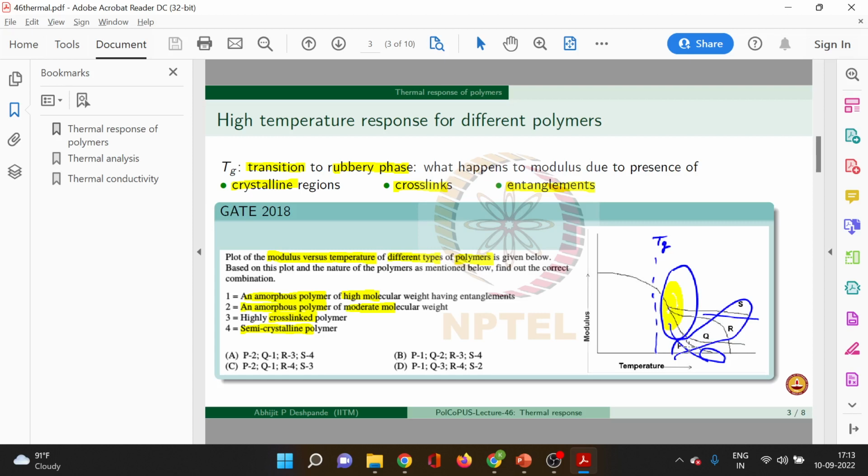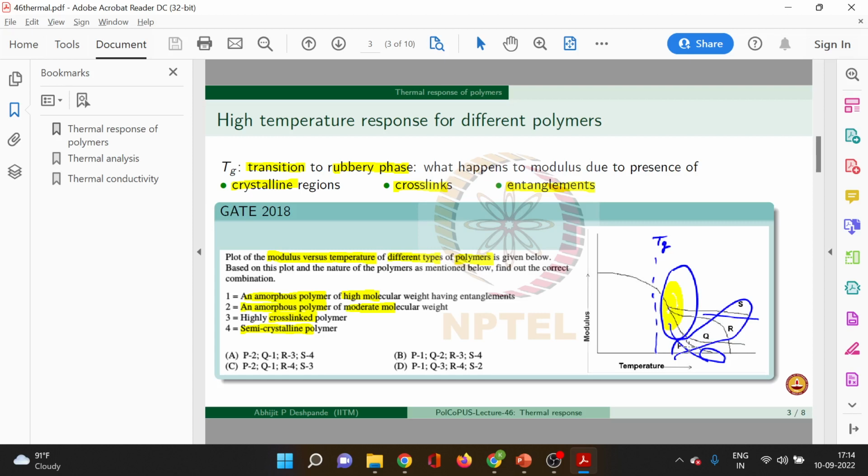As the chain length increases, as you keep adding monomeric units, your molecular weight is higher, and the material tends to have more of a random coil structure. So there will be entanglements or steric hindrances, which resist the segmental mobility.